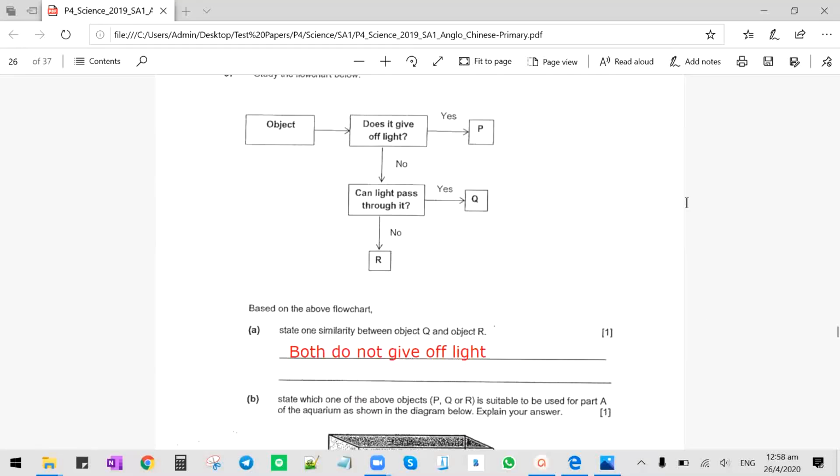Because in a sense they are like descendants of this question. Both of them are no. Okay, then you differentiate them further, or in a sense separate them by asking another question, which is this one. So the only similarity is they do not give off light.